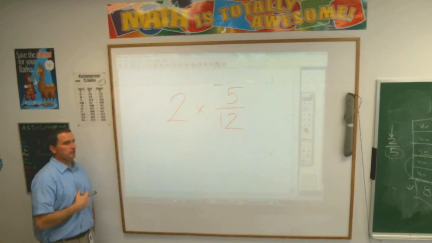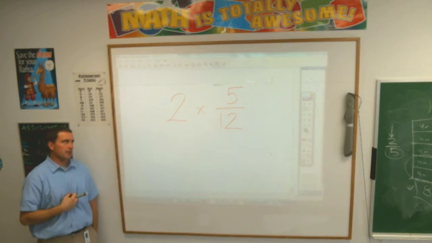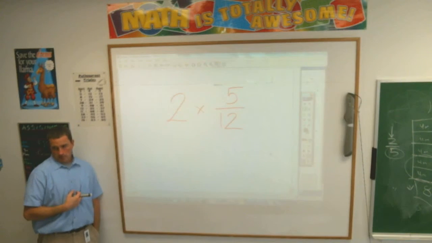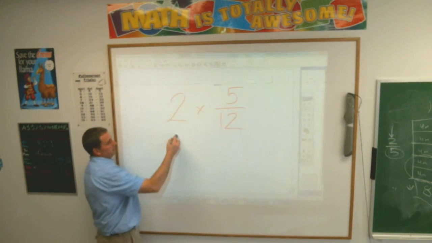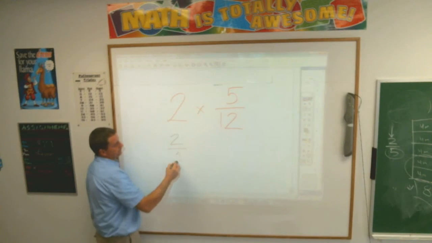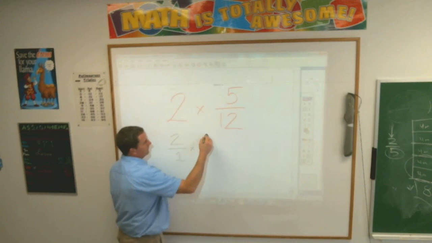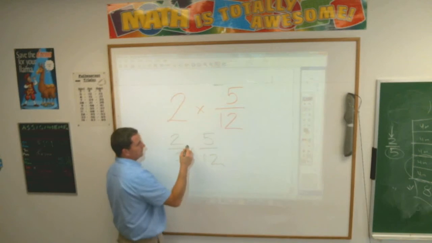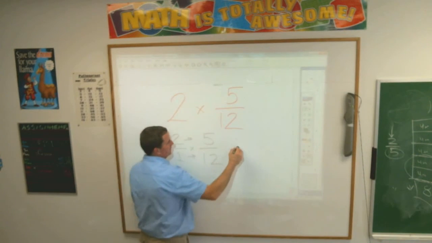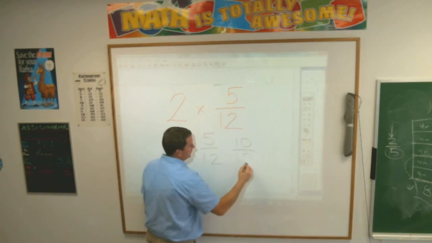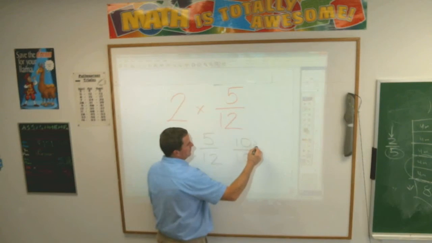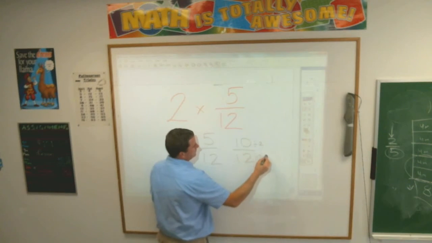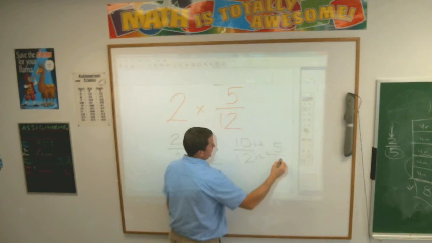And we got what for 2 times 5/12, Sammy Bollinger? 5/6. Well, let's check. 2/1, right? Times 5/12. Multiply across is 10/12. What number goes into 10 and 12? Divide them both by 2. 5/6.